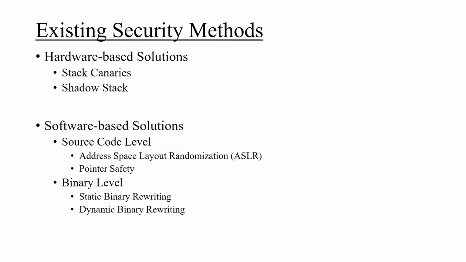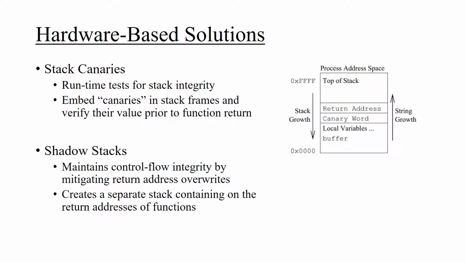Software solutions can be done at the source code level or at the executable level. For source code solutions, there exists address space layout randomization and pointer safety protections, while at the executable level, binary rewriting is a new branch of security research and can be done statically or dynamically.